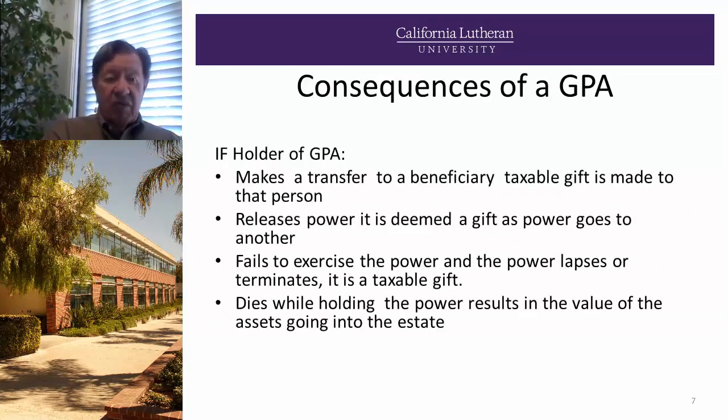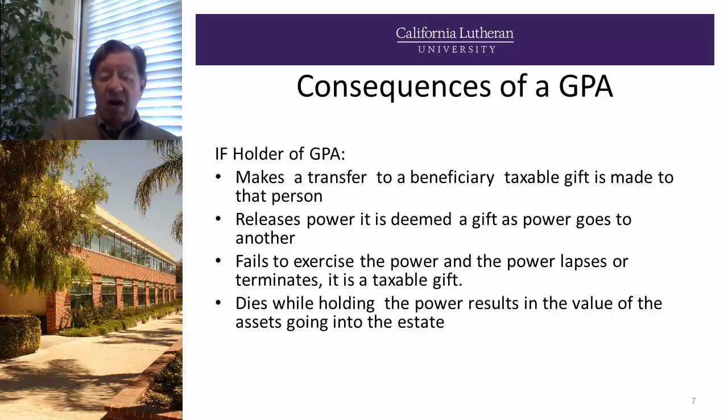Consequences of having a general power of appointment without the ascertainable standard or 5x5 power, or the approval of the grantor, or the approval of adverse parties, results in a transfer to the beneficiary being a taxable gift made to that person. If you release the power, it is deemed a gift as the power goes to another, and it's the full value of the assets.